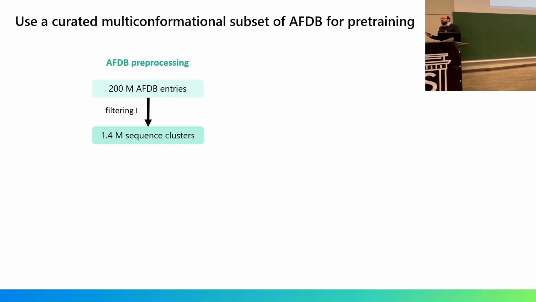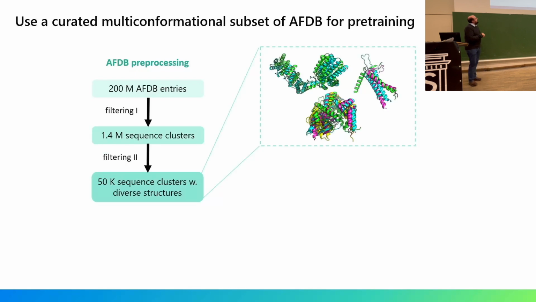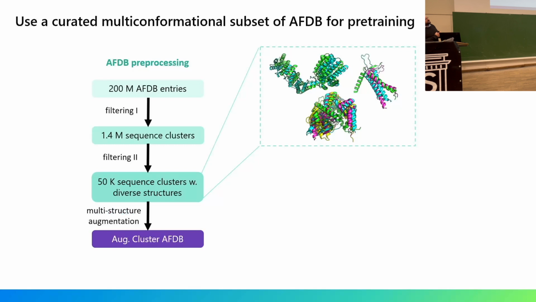And in the second step, within the sequence cluster, we wanted to have those structures that are most diverse, so that the sequence that looks kind of similar matches to very, very different looking 3D structures of the protein. So this was some structure-based clustering, and in the end, we ended up with around 50,000 of these sequence clusters with the different structures, and then we use this in a data augmentation way for training our model.